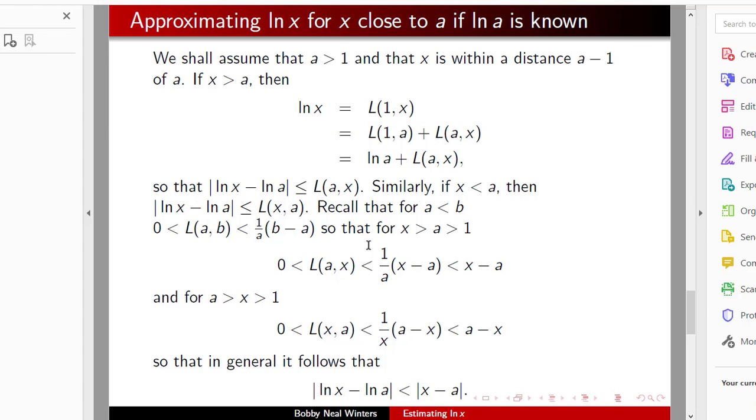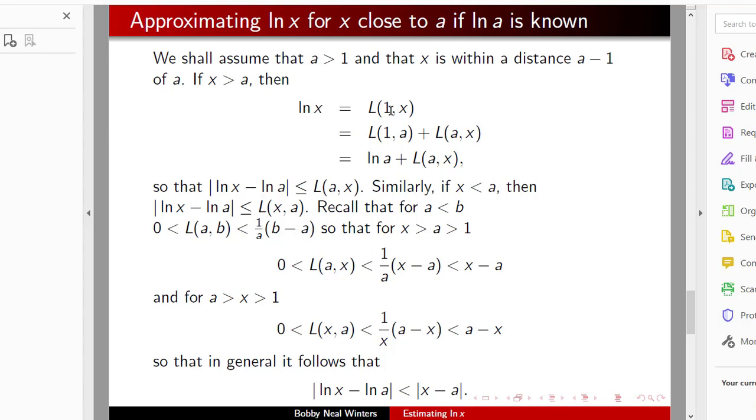Okay, so we're going to say it's not getting too far away.